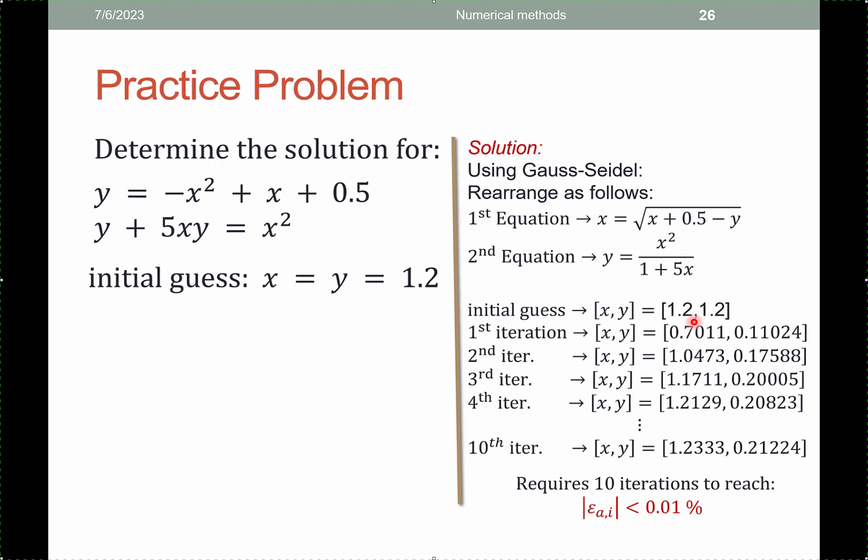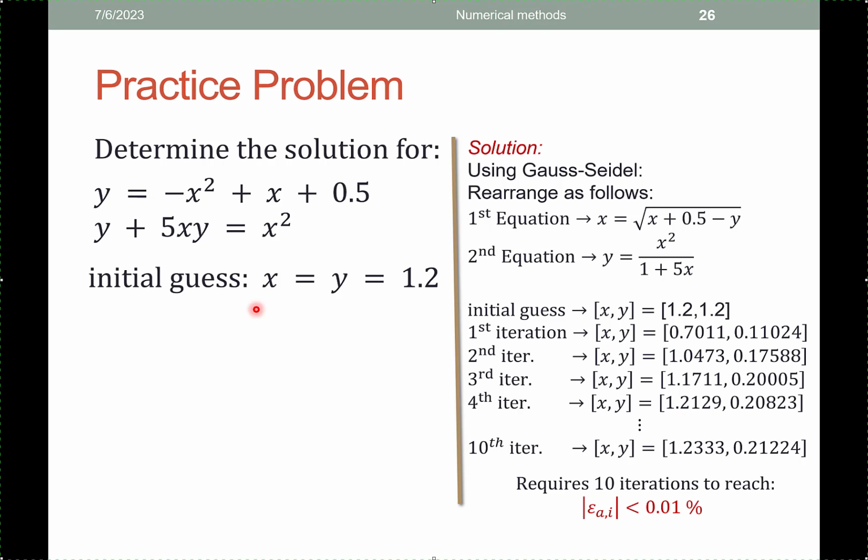And here what I have is the initial guesses of 1.2 and 1.2 for x and y. In the first iteration, you should get these values. Second iteration, you should get these values. Third iteration, you should get these values, and so on. So practice this problem on your own and try to apply the Gauss-Seidel method to get these variables.